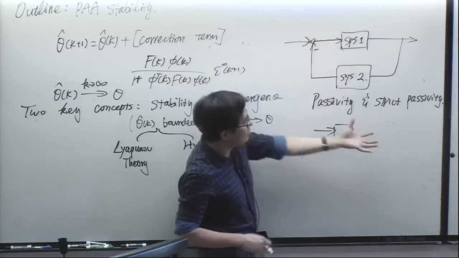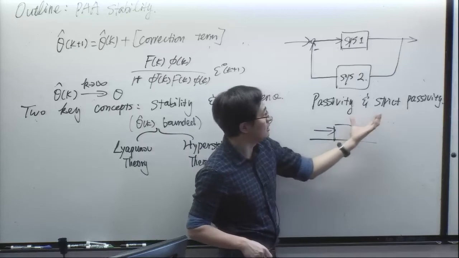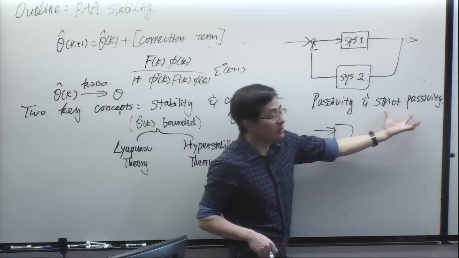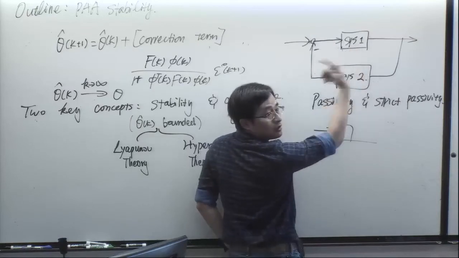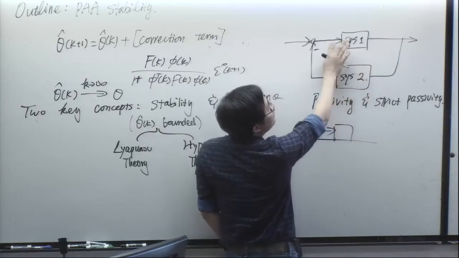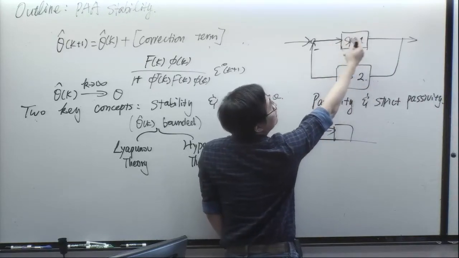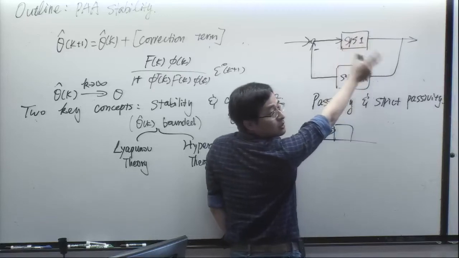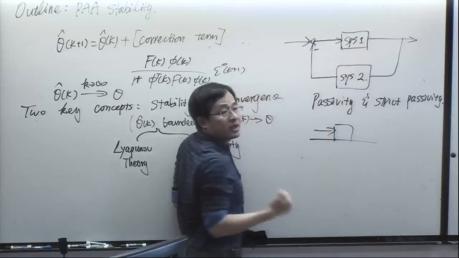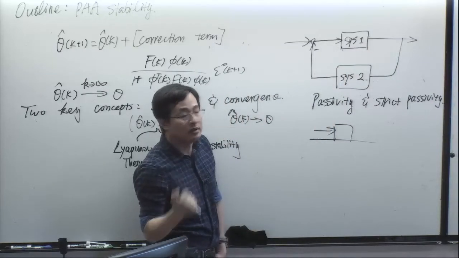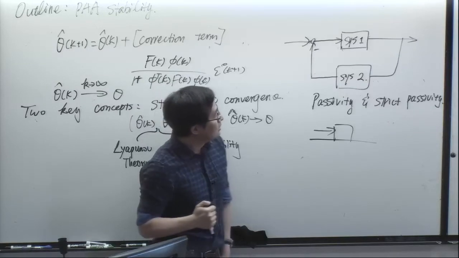You can already imagine the connection of strict passivity to stability here, right? If this system is strictly passive, it's going to consume energy. And if the energy you supply does not keep increasing, then eventually all the energy is going to reduce to zero, and the state of the system will go to zero as well. And we have stability.